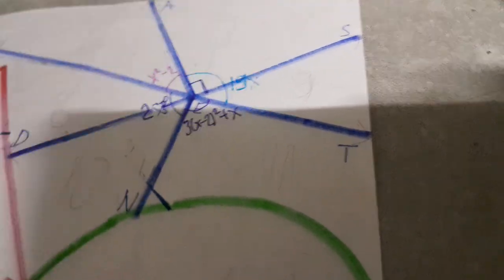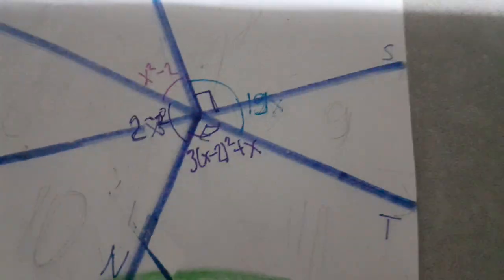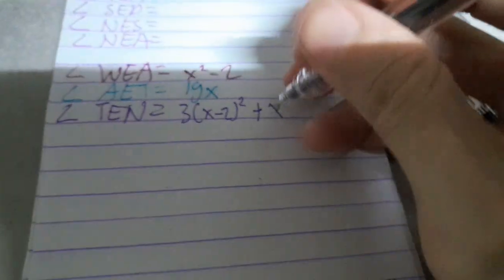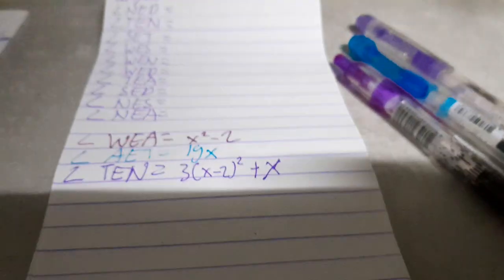So follow that one from pink to light blue and then this violet. The violet measures 3 times x minus 2 squared plus x. So that's the measure of angle NET or TEN.